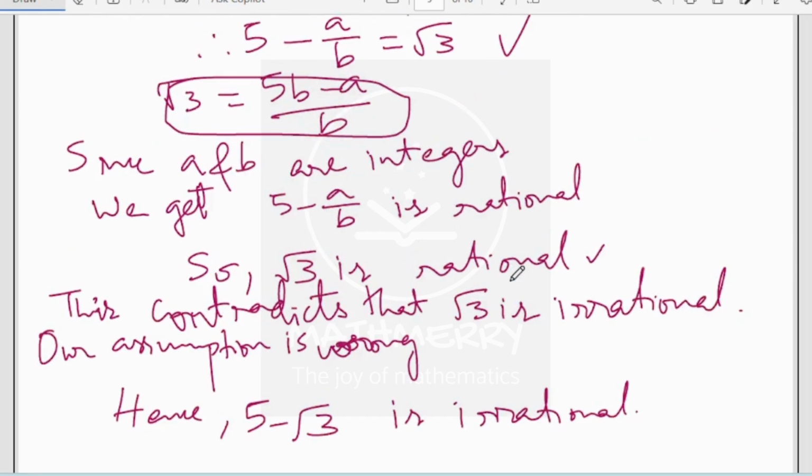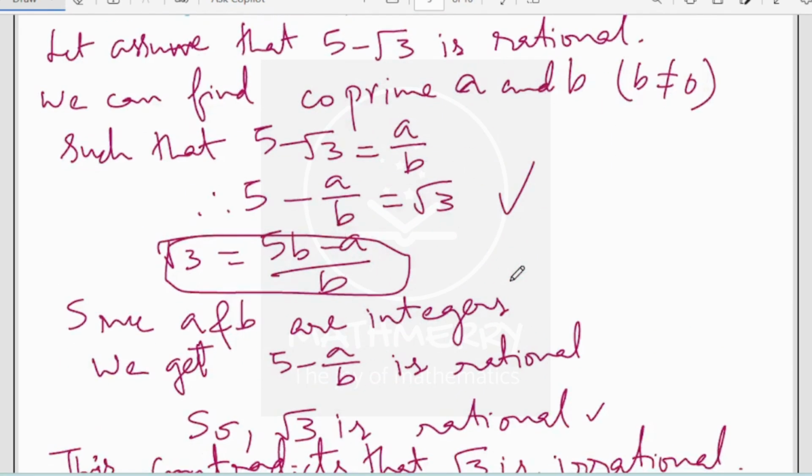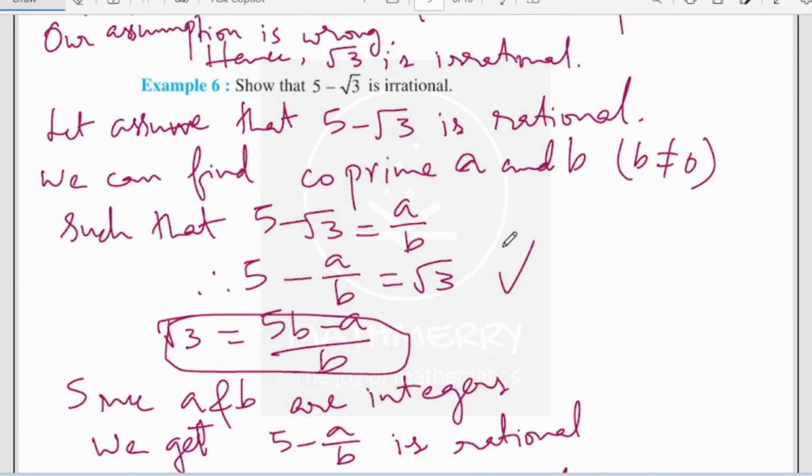I hope the steps are clear for you. So what we did, we assumed it to be a rational number, then we took A and B, two numbers which are coprime. So 5 minus root 3 is equal to A by B. But 5 minus A by B is equal to root 3.